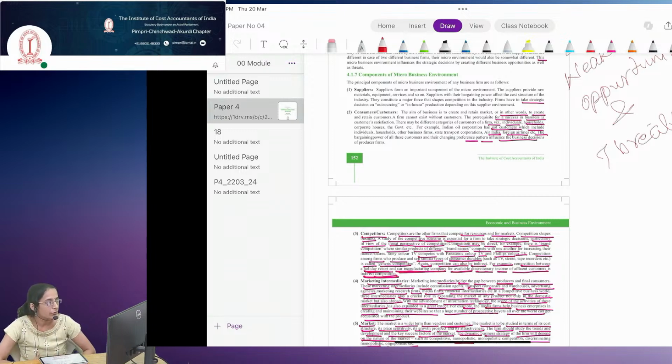See, even for a SIM, if you are converting your SIM from Jio to Idea or Jio to Airtel, they constantly call you. See, what is the problem with our SIM? We will improve, we will do this, we will do that, right? So what is their motive? To retain this customer, so that this customer does not go with the competitor's product, right?